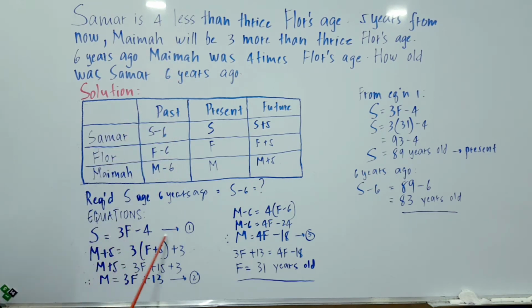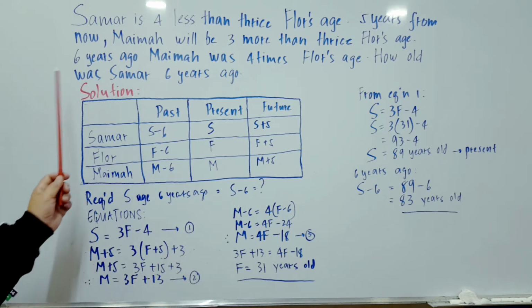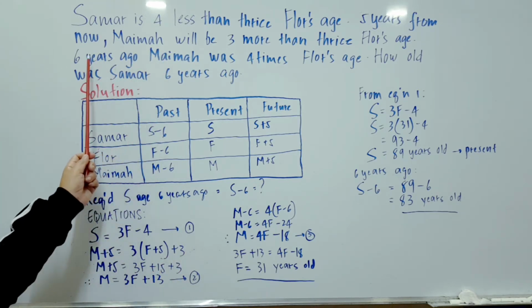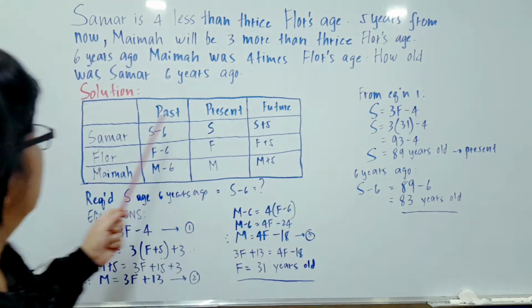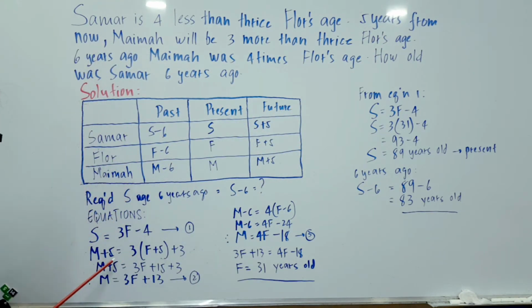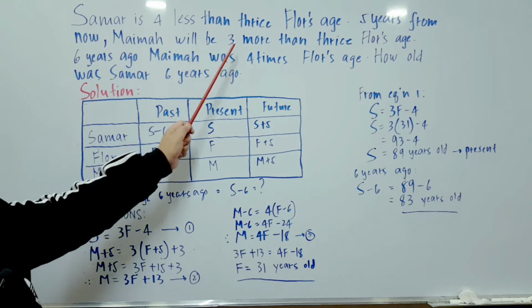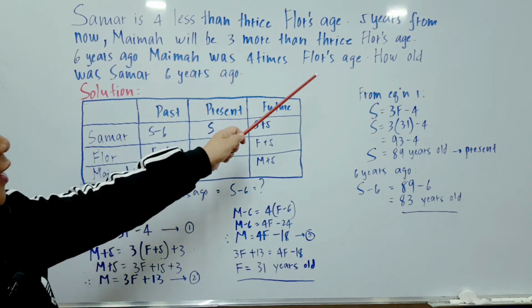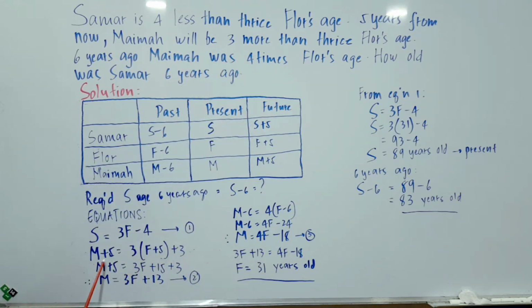So, we have equation 1. Another one, 5 years from now, Mima will be 3 more than thrice Flor's age. So, the ages of Mima and Flor 5 years from now are M plus 5 and F plus 5.